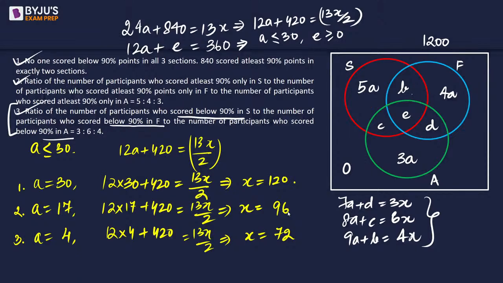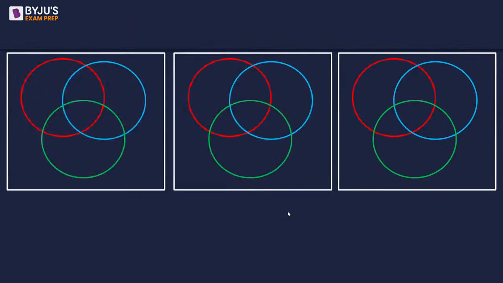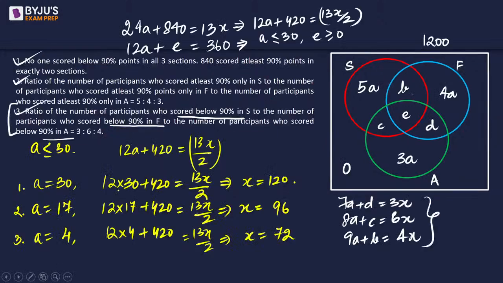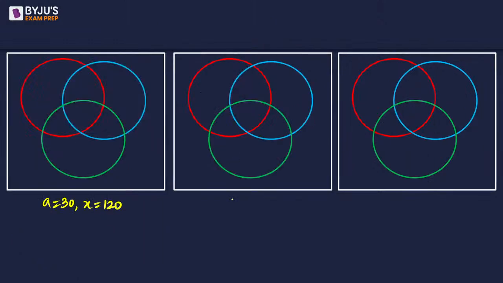First case is when A is 30, X is 120. So A is 30, X is 120. Next is A is 17, X is 96. And the third is when A is 4, X is 72.